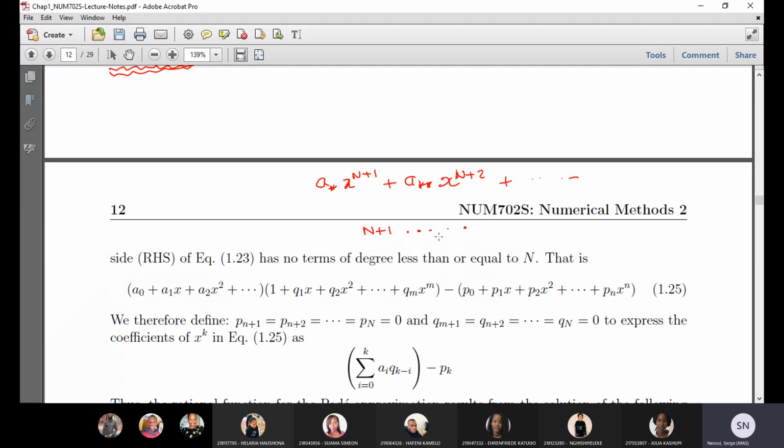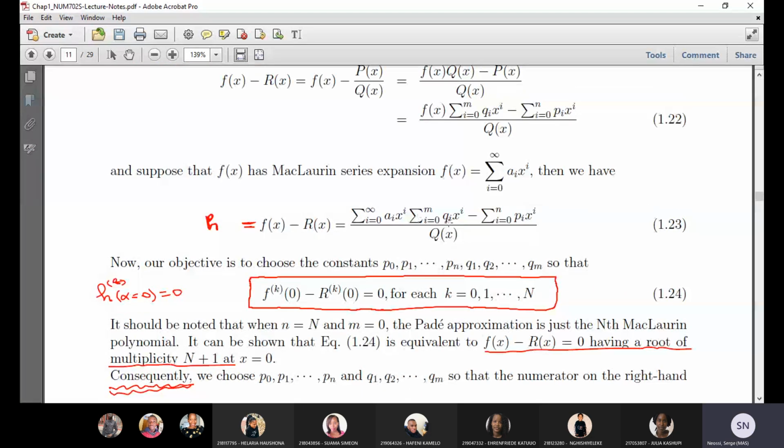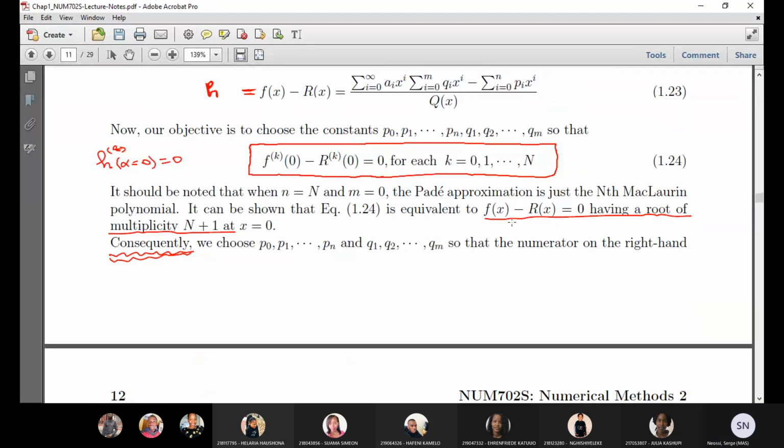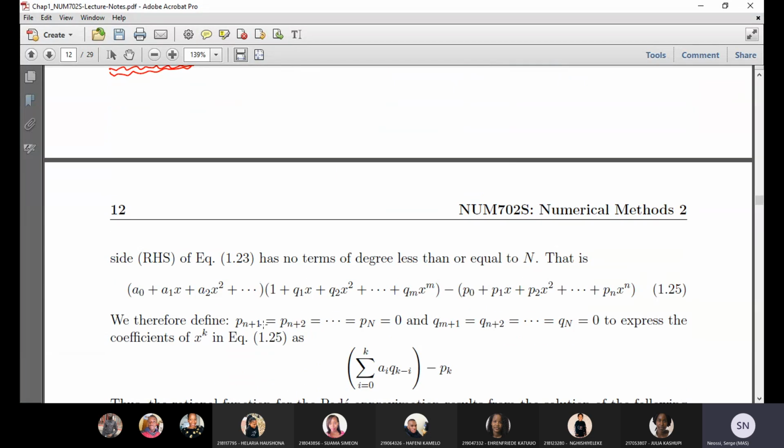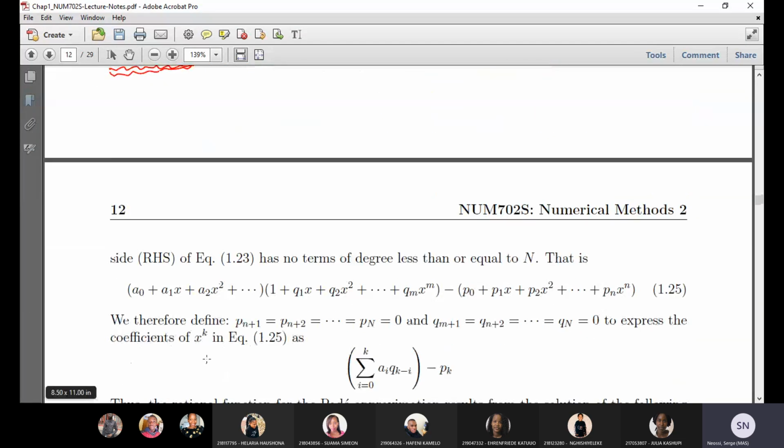Okay, now I will erase this. Okay, good. So we are going to expand all this term, and we will take all the coefficients of x to the k, where k runs from 0 to capital N, and those are the ones we will set to 0, right?